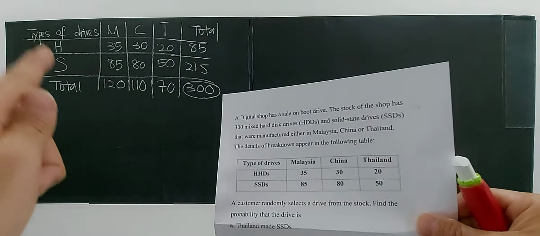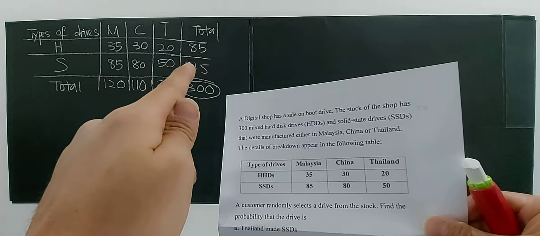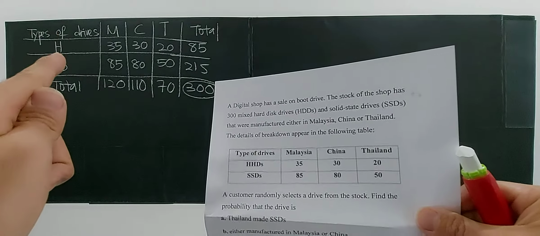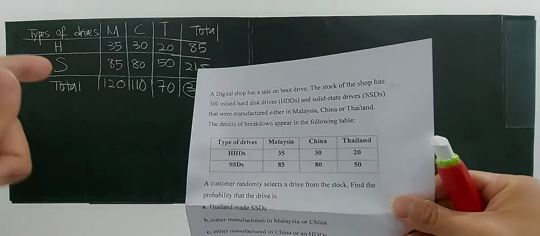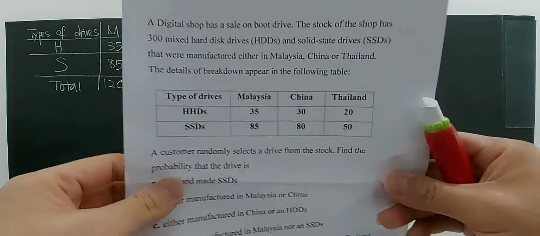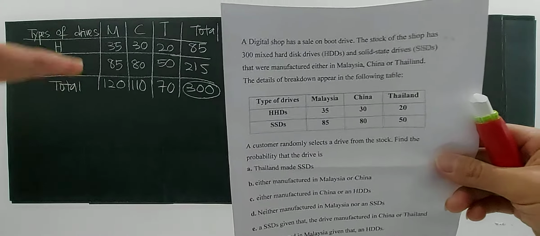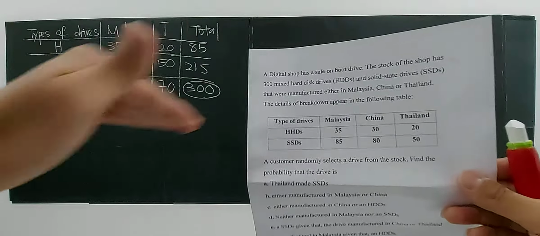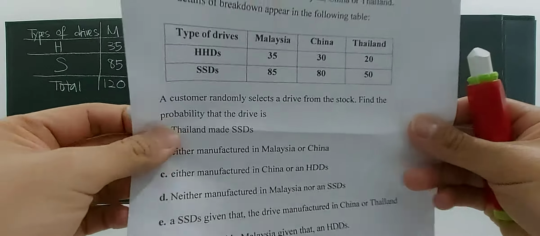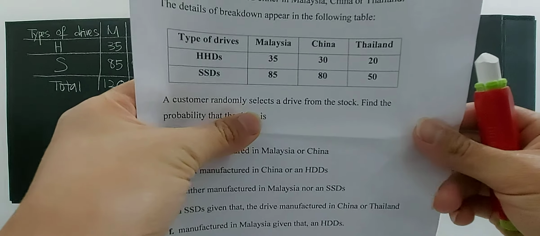And the stock for SSD will be 215, because SSD is now getting more popular compared to hard disk drive. With current technology, SSD is better than hard disk drive, so that's why there is more stock. So a customer randomly selects a drive from the stock.